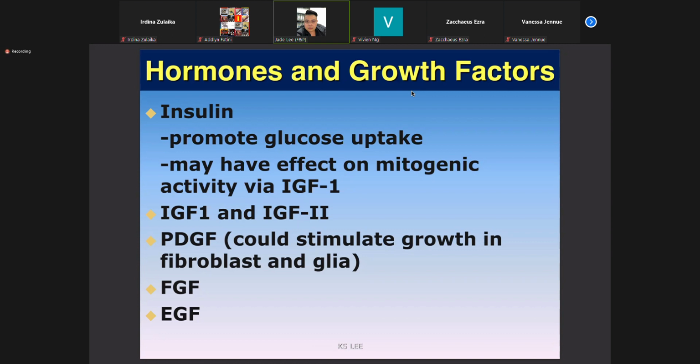These are the growth factors which are necessary to be incorporated into the media for certain cell types.